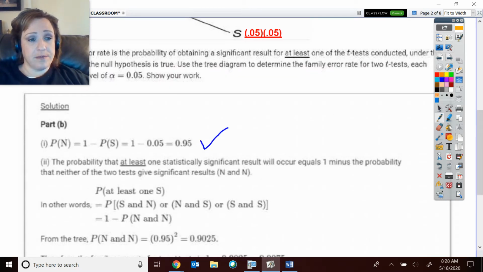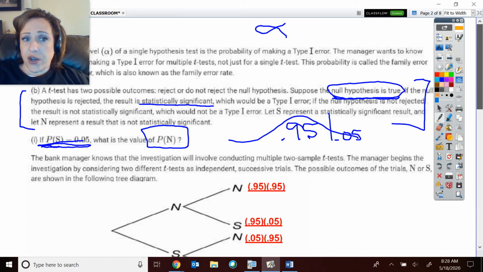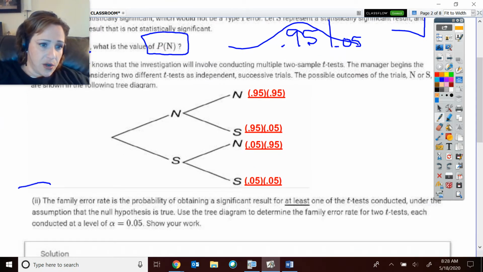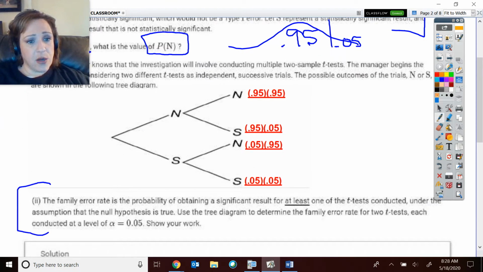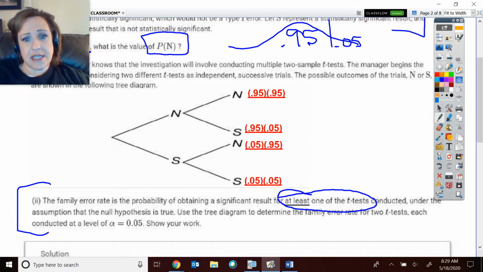Part 1 of this in Part B. Okay, but now they say we've got multiple tests going on here because we have those things. So they want to say, what is the probability that, right here, they call this a family error rate, and that's where at least one of the t-tests conducted was a statistically significant result.